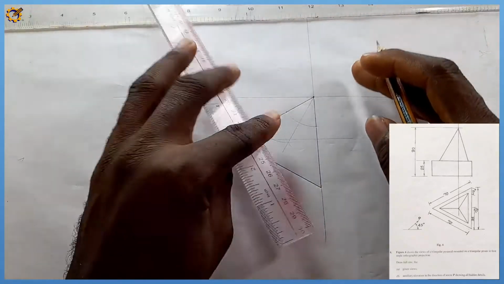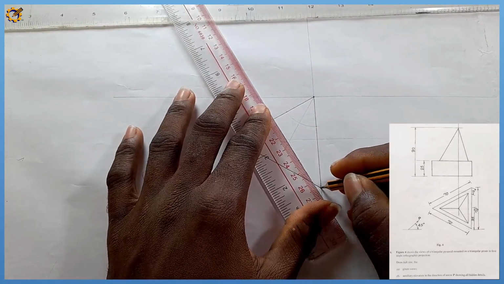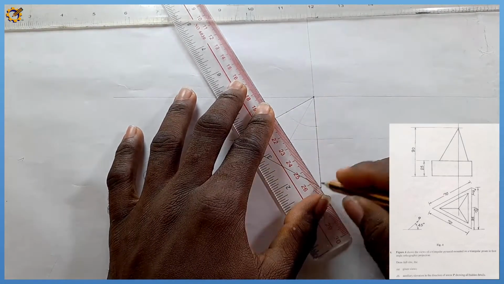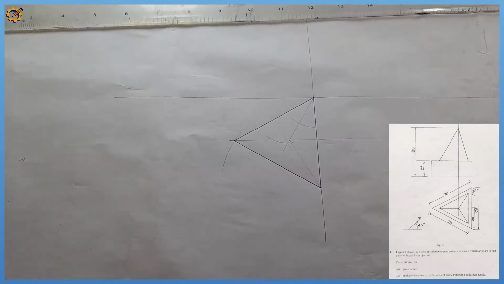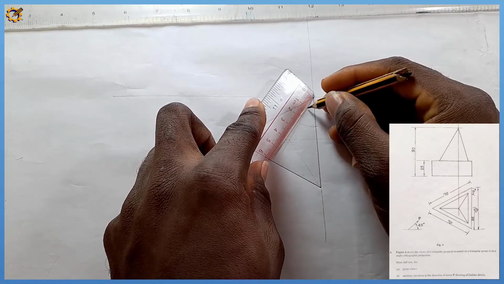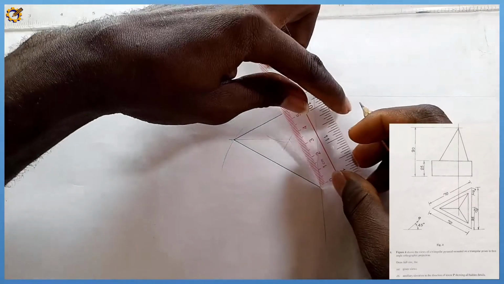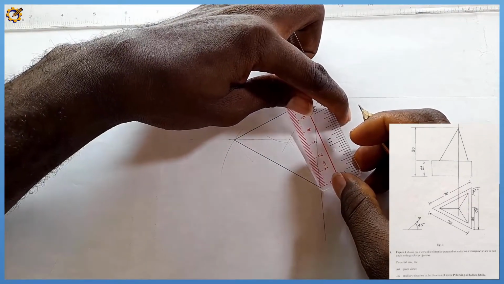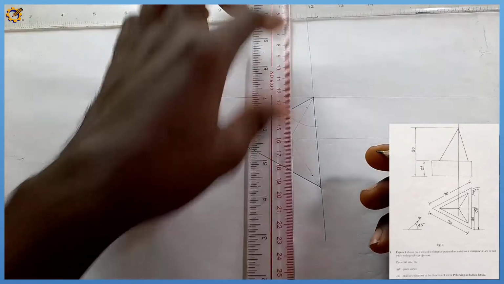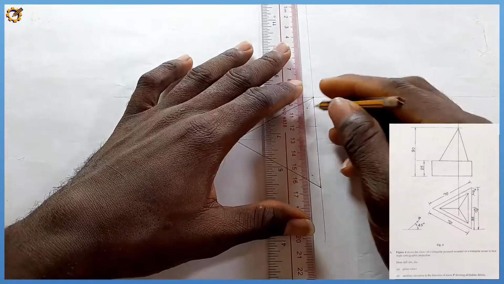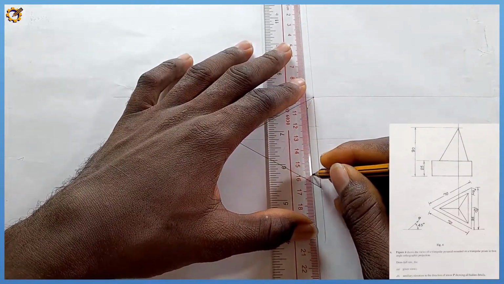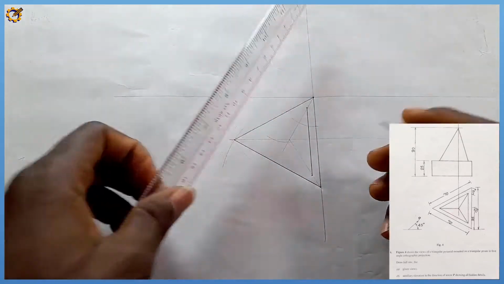Then from this junction to where the bisector touches the vertical line there, with my ruler, following this line here, I'm going to measure a mark of 10, which is this right here. Likewise from the bottom here, a mark of 10. Those marks of 10, I'm going to join them together like this. This comes down here. Okay, that is settled.